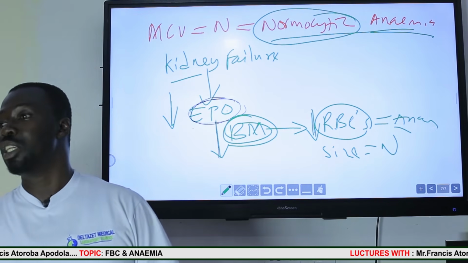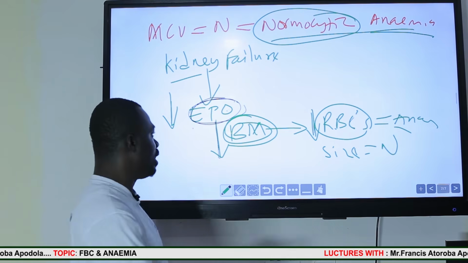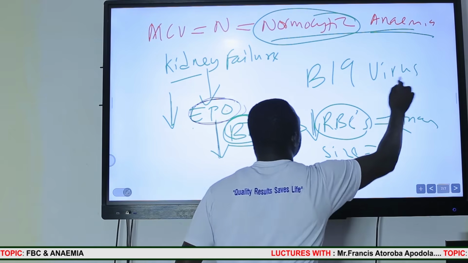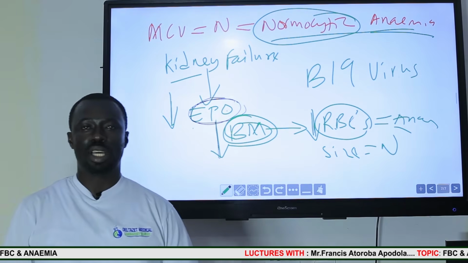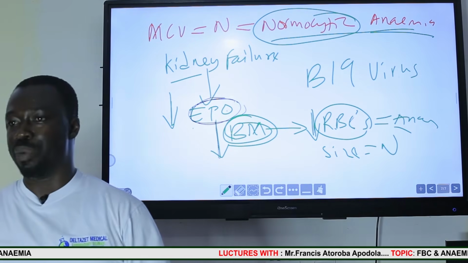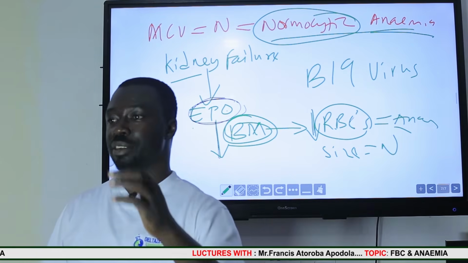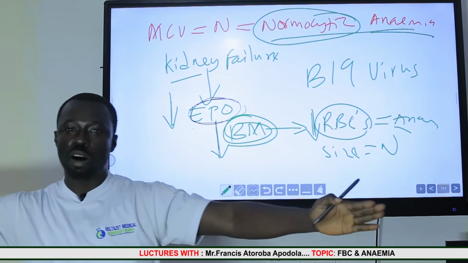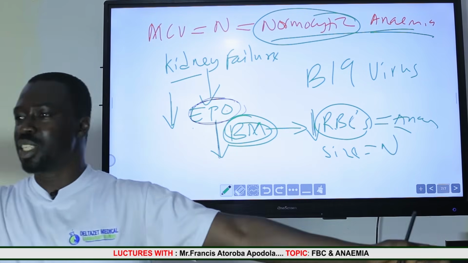A sickle cell patient is most likely to die. The B19 virus. I think it's a parvovirus. So this B19 can shut down the bone marrow for 2 weeks.